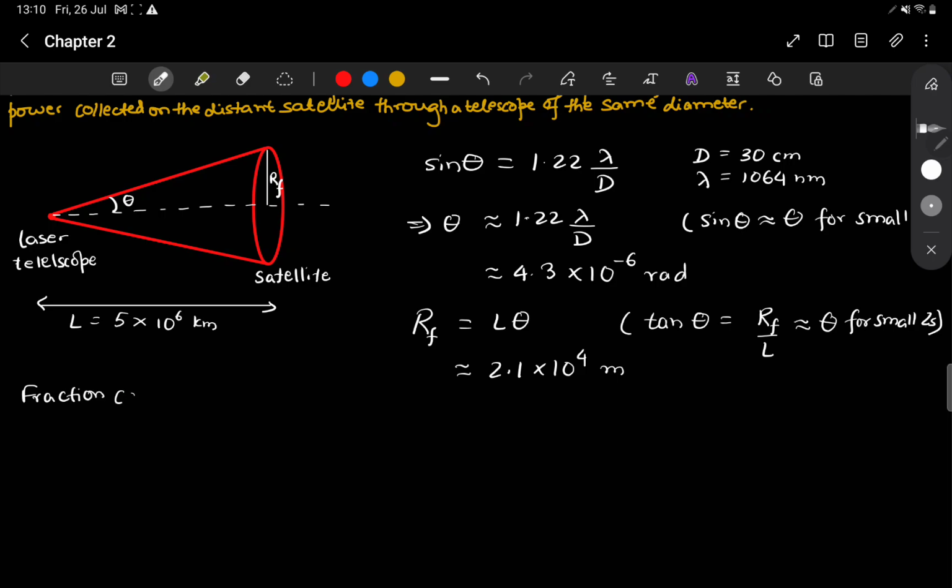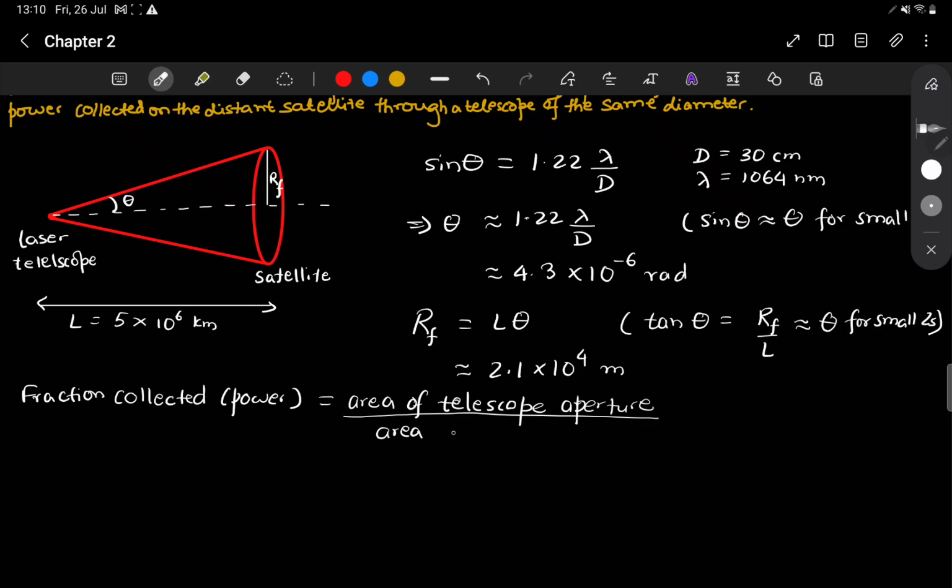The fraction of the power collected will be equal to the area of the telescope aperture over the area of the original beam.